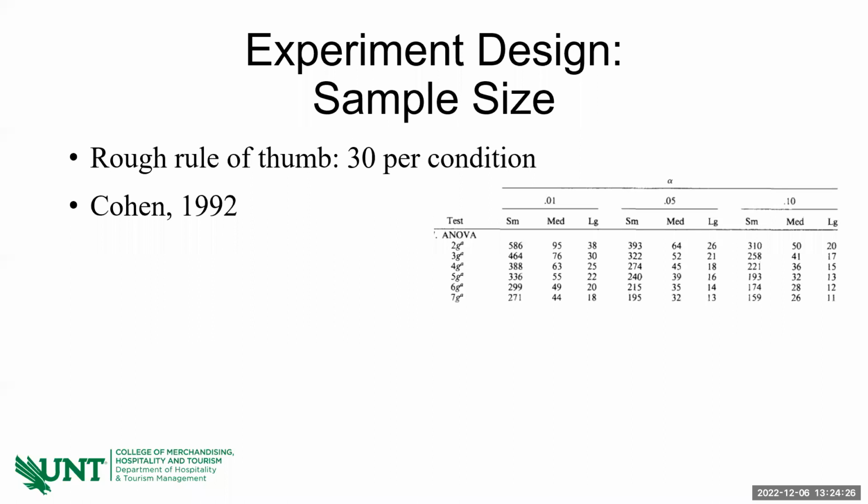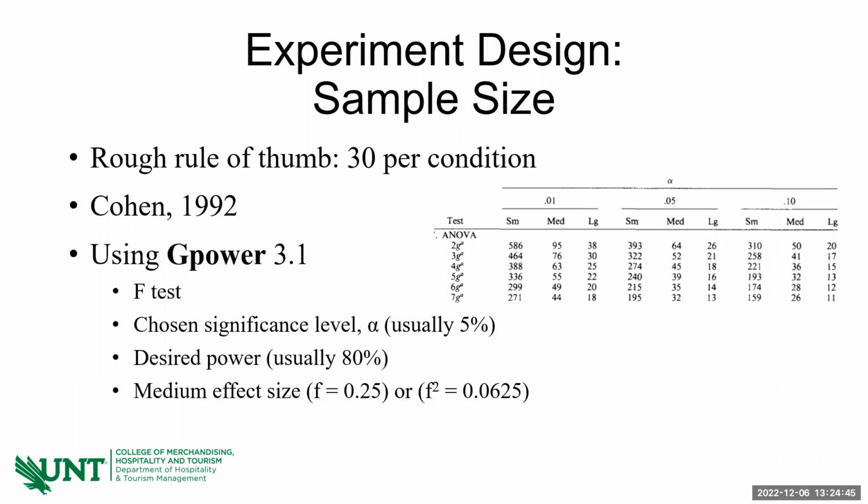For 4 groups, with alpha equals 0.05 and medium power, it would be 45 people per condition. So that times 4 is 180 for a 4 condition, 2 by 2 experiment. You can also use G*Power to find out the minimum required sample size.